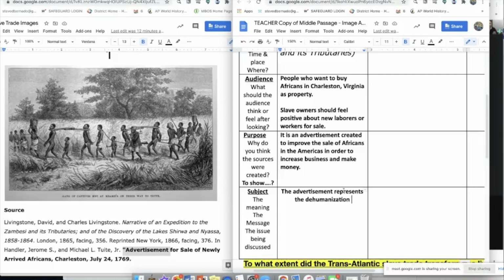You're treating these people less than human beings. To dehumanize them, you're treating them like property, like a new car, right? That's to dehumanize. This is heavy stuff.